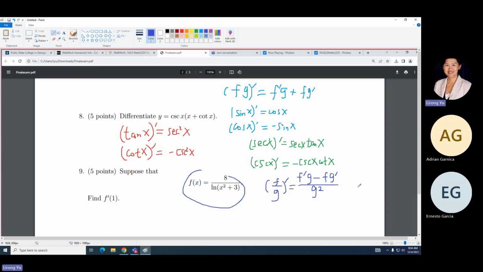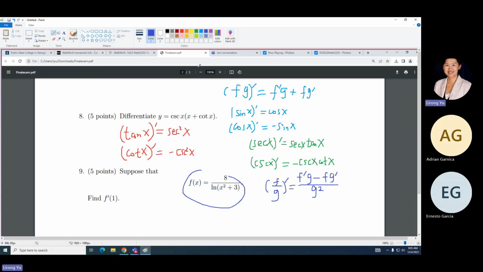The reason there's a minus sign, I explained before, is because g is in the denominator, so g has a -1 power. If you apply the power rule, g to the -1 has a derivative of -1 times g to the -2, since -1 minus 1 is -2. So that's the reason why we have to square the denominator. We also have the negative sign there. That's the negative power of g.